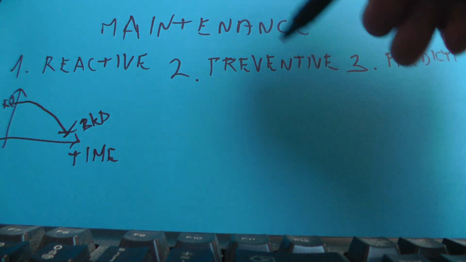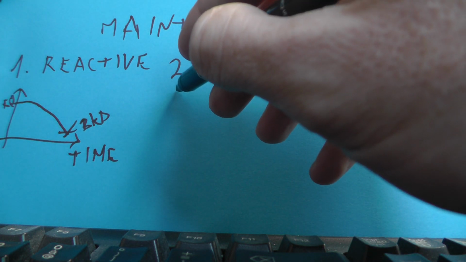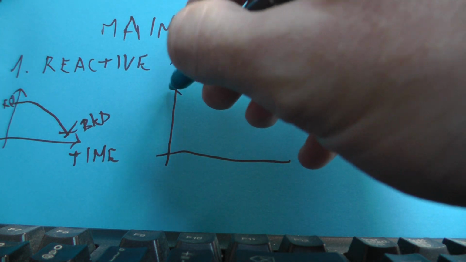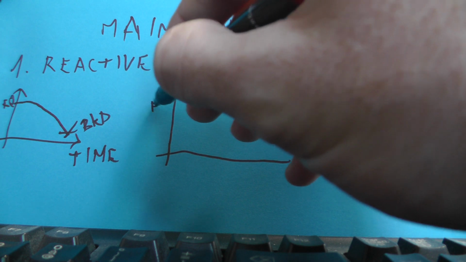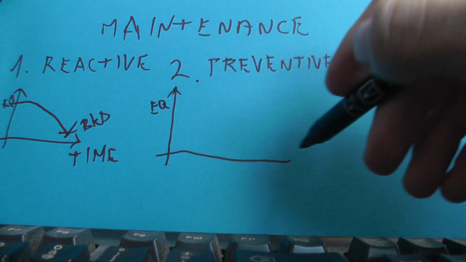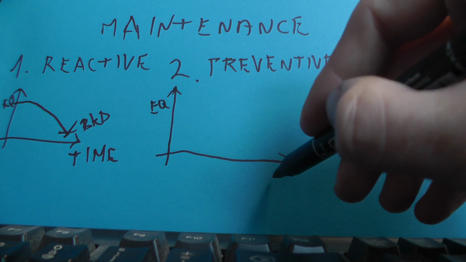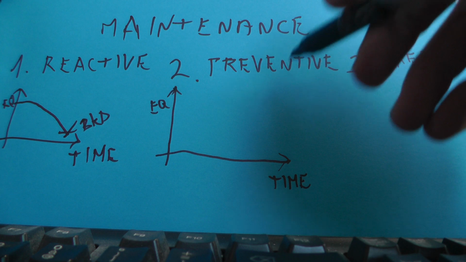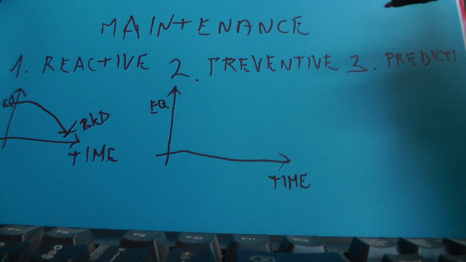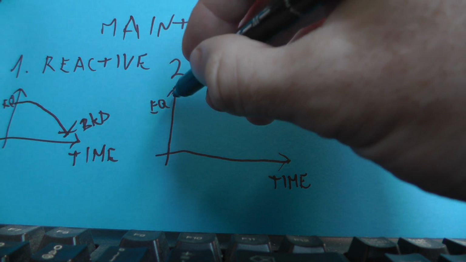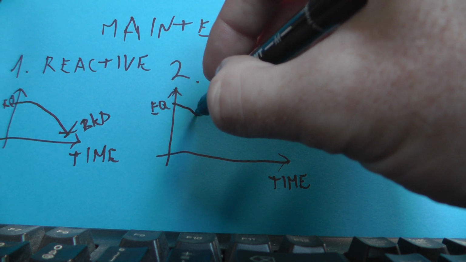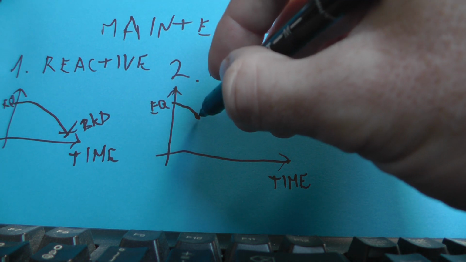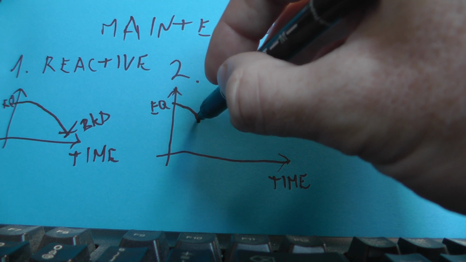When we look at the preventive maintenance, we have here again equipment, and here we have time, and it will look like this. So equipment is working, but somewhere here we provide preventive maintenance.